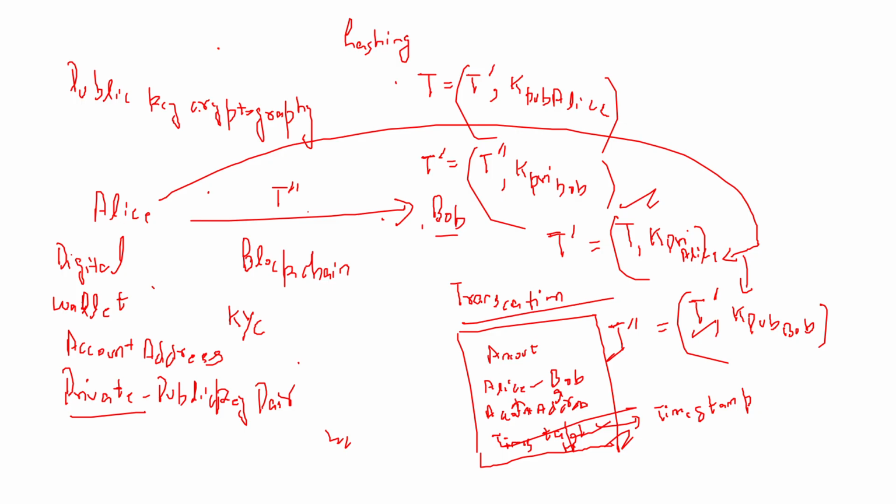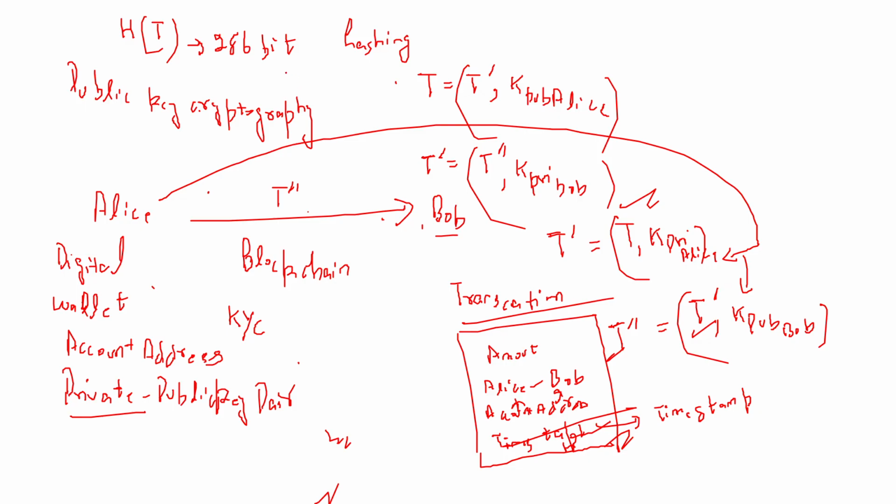So what Alice does is, let us say we have this transaction T. Alice first finds the hash value of the transaction T. If you are using SHA-256, that hash value is 256 bits.